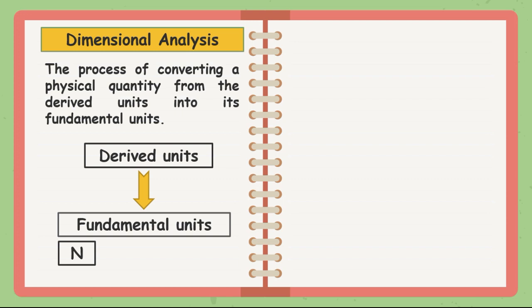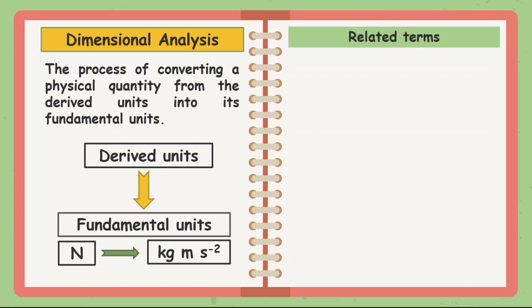And so the derived unit of Newton could be broken down as kilogram meter per second square, where the kilogram means mass, and the meters per second square is acceleration. So that process of breaking down a derived unit into its fundamental unit is dimensional analysis as earlier defined.